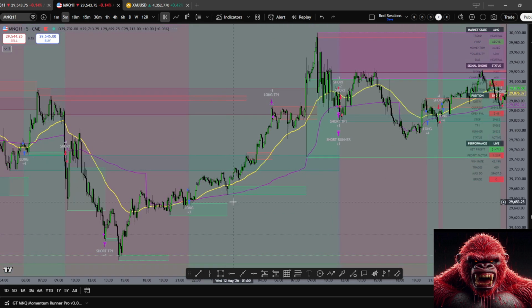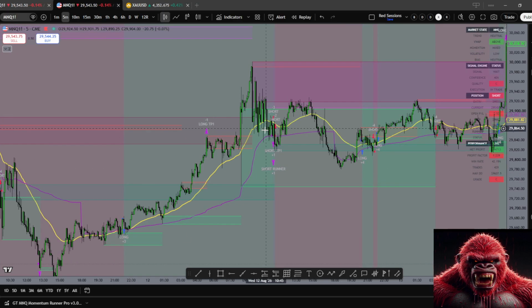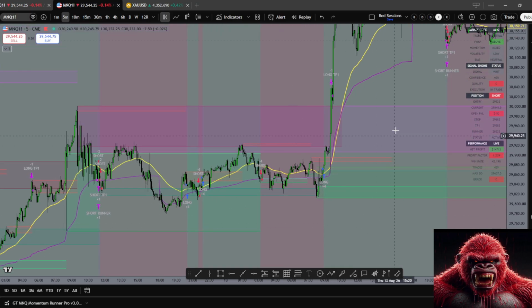Throughout the day you're usually getting maybe 2 or 3 signals. Every once in a while, like we experienced today, you might get a couple of signals within some chop, where you get 2-3 signals within an area before you get one that you can stick with. But they are kind of few and far in between.